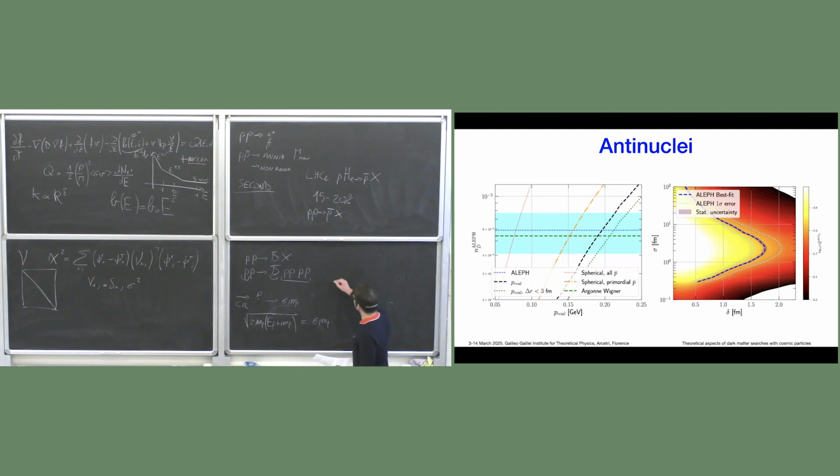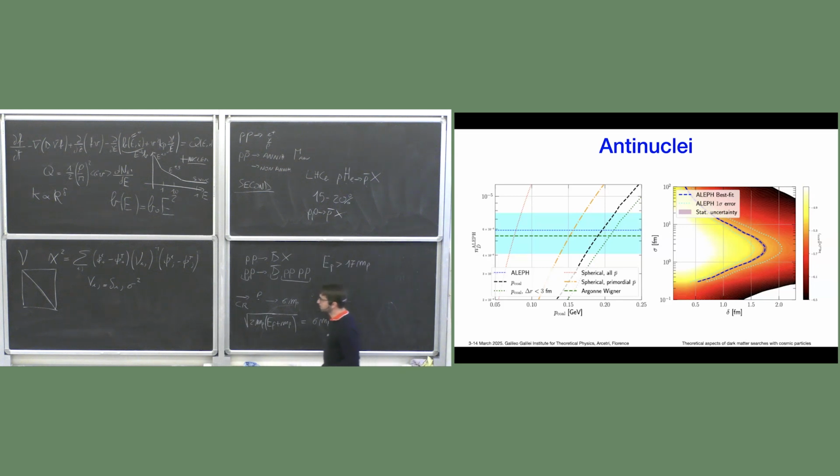Minus 1, you get that the incoming proton must have an energy of at least 17 times the mass of the proton. So this means that the secondary production of antideuterons can occur only if the incoming cosmic ray proton has this energy.